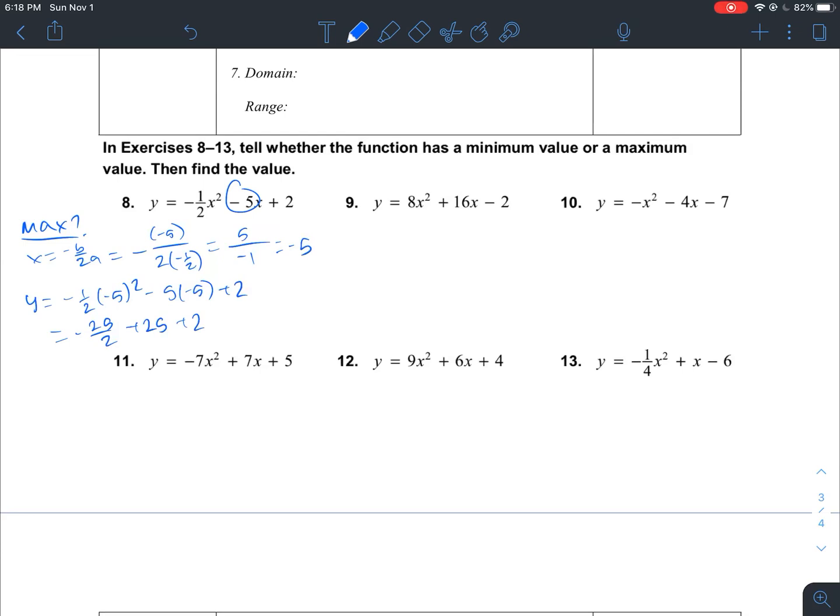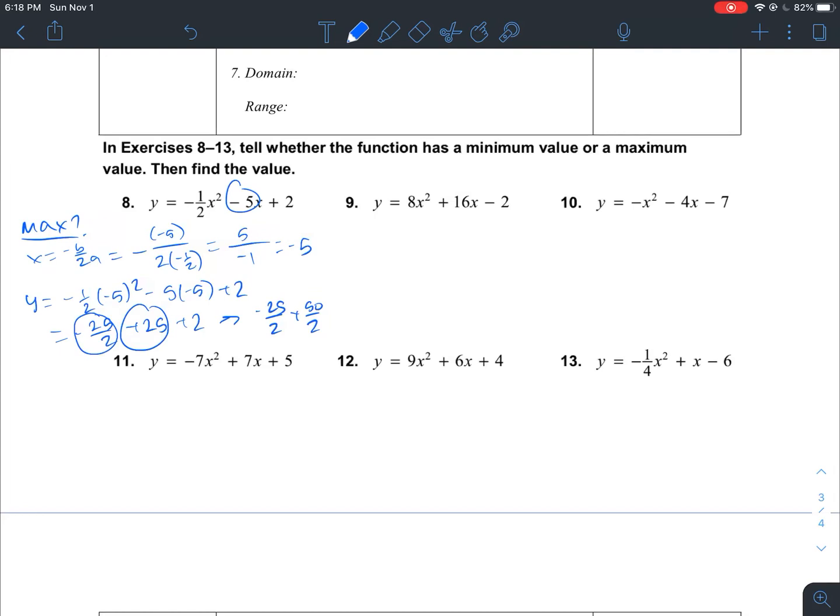So to do this, we need to add fractions. So these two and these two right here, you can write that as negative 25 over 2 plus 50 over 2. So that's going to be 25 over 2.